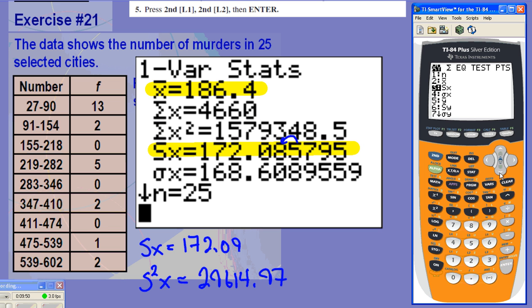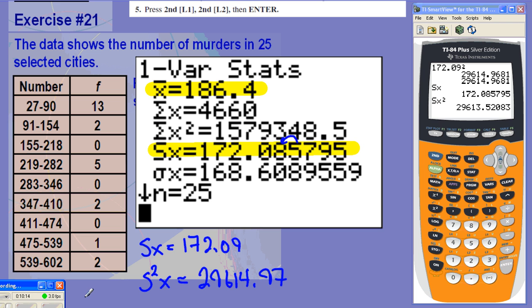There we go. I pull it up, and I want to square that. So I just put the square on it and press enter. And there is my standard deviation, I'm sorry, my variance, excuse me. So just a couple of quick shortcut ways of finding things on your graphing calculator.